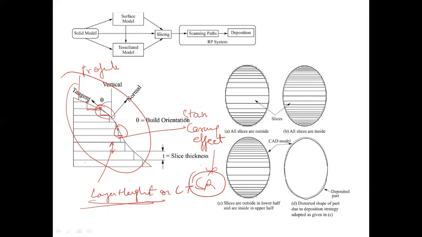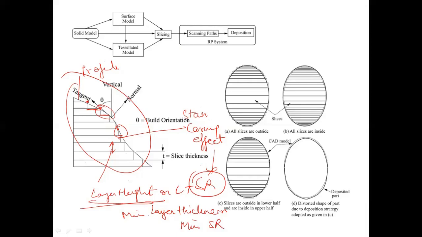You will never have a perfectly plain surface. Surface roughness can be minimized, but it cannot be eliminated. When we talk of minimization of surface roughness, we are talking about minimization of layer thickness. So minimum layer thickness, minimum surface roughness. That is the concept.